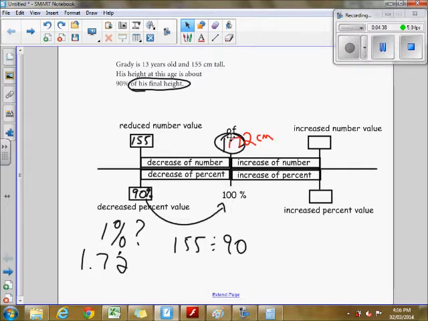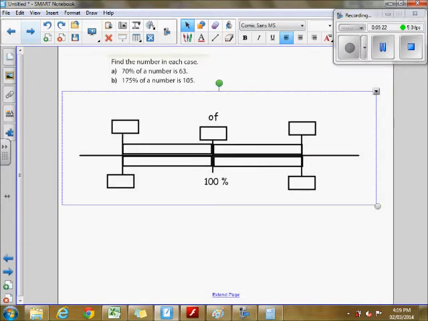172 centimeters will be his approximate height. So again, we use this chart hoping to try to solve these questions, filling in boxes where we can. We have two here. A, 70% of a number is 63. So filling in our chart, percents are at the bottom, so 70% of a number is 63. Of a number, we're not given that. So that's the question there again. What's tied in with of? So what we'll do is we'll divide 63 divided by 70.